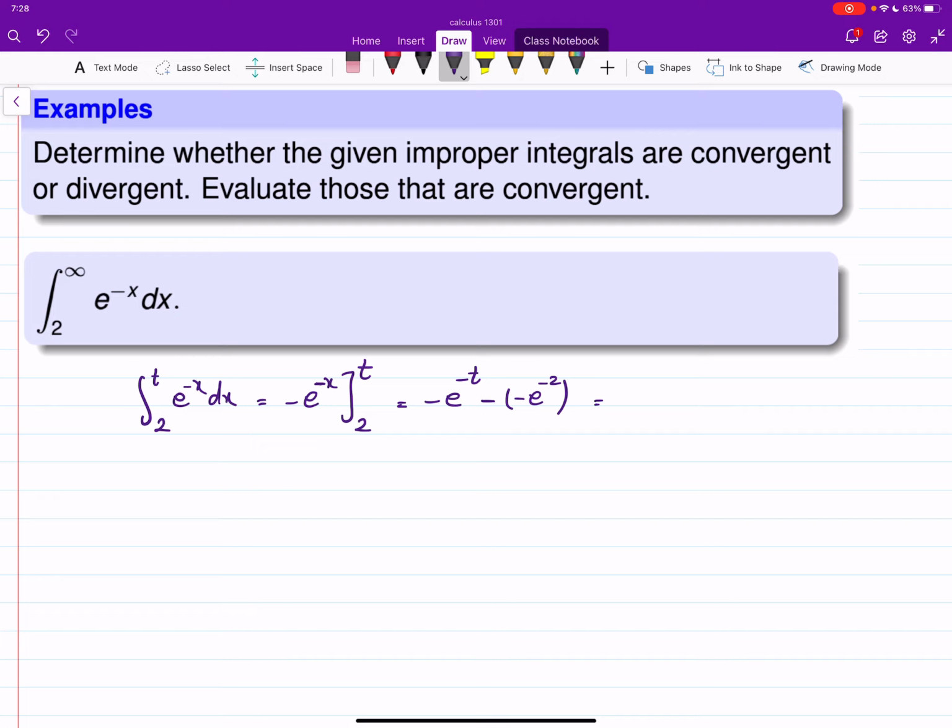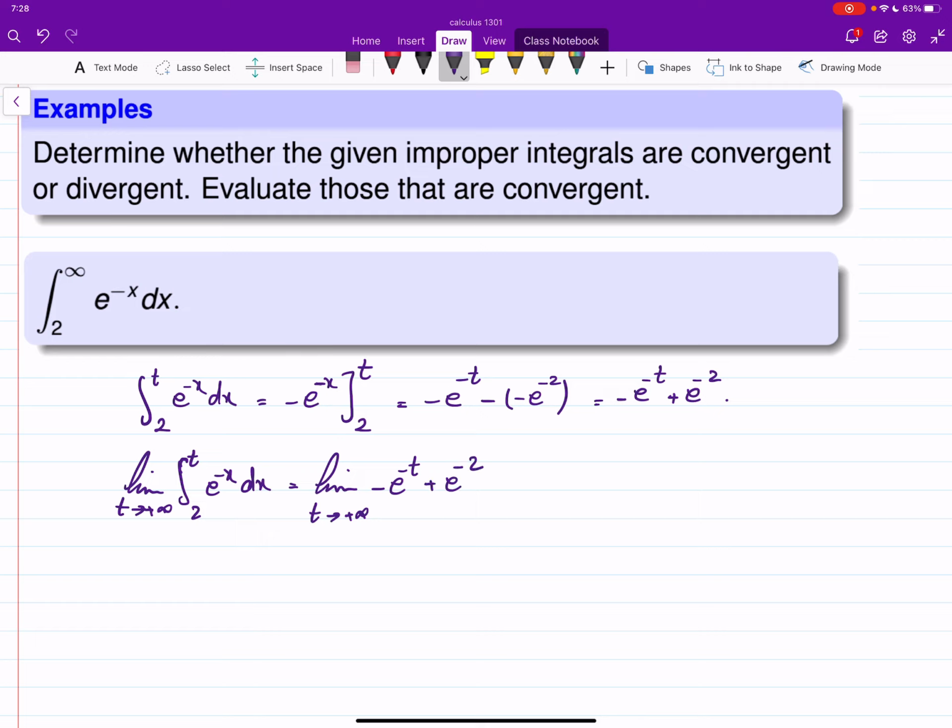So that is negative e to the power negative t plus e to the power negative 2.